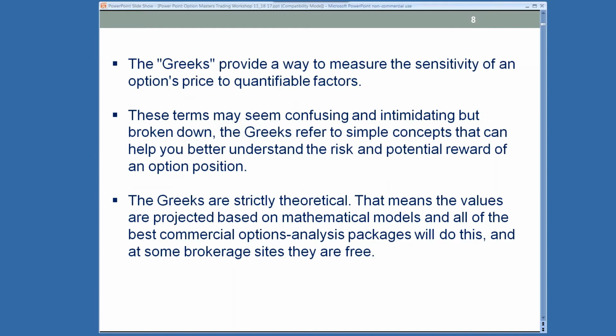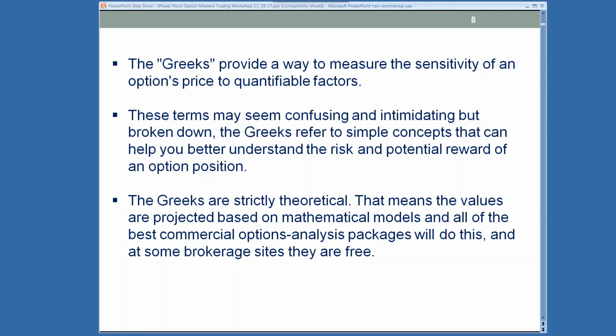And so the Greeks provide a way to measure the sensitivity of an option's price to quantifiable factors. So these terms may seem confusing, intimidating, but when you break it down, the Greeks refer to simple concepts that can help you to better understand the risk and potential reward of an option position.